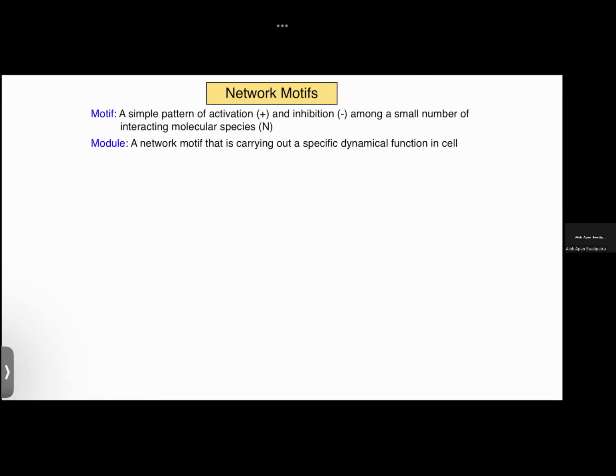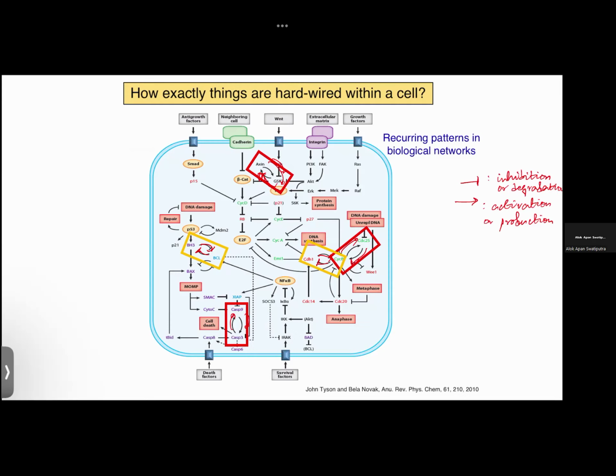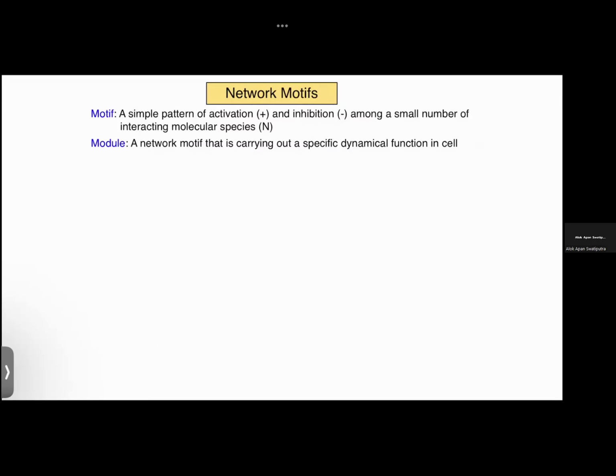Before that, what you see are something called network motifs. So what are network motifs? What I showed you are patterns of activation and inhibition which act between molecular species. In the biological context, these are called modules.